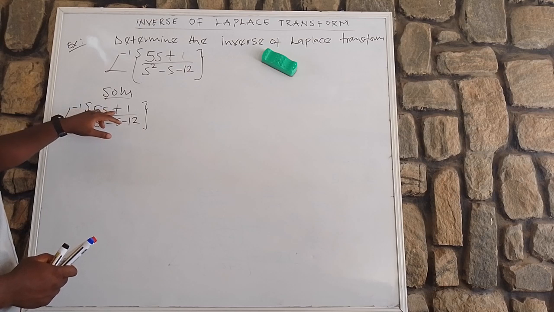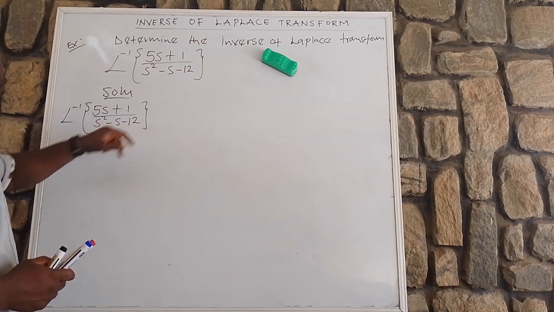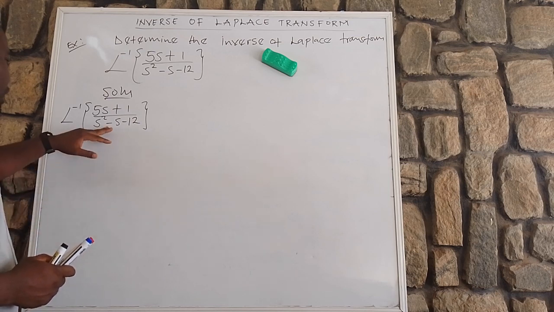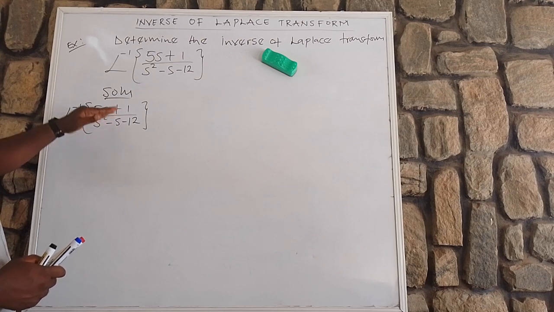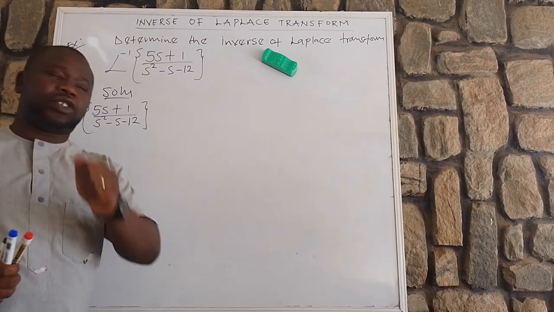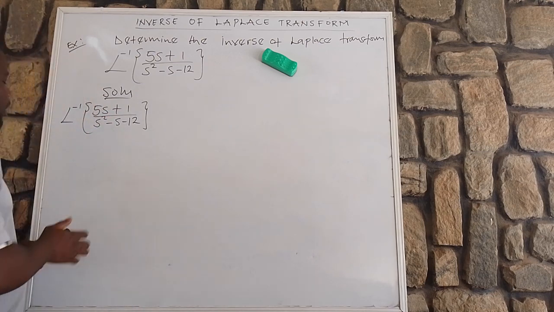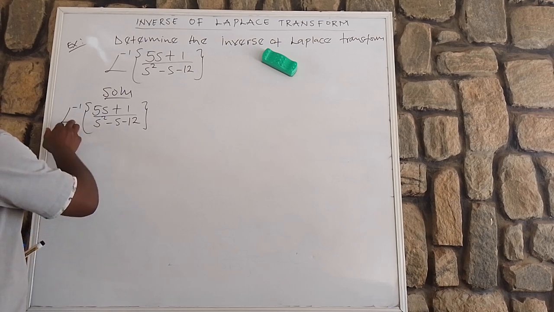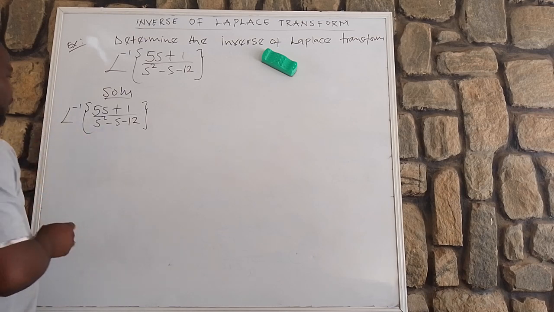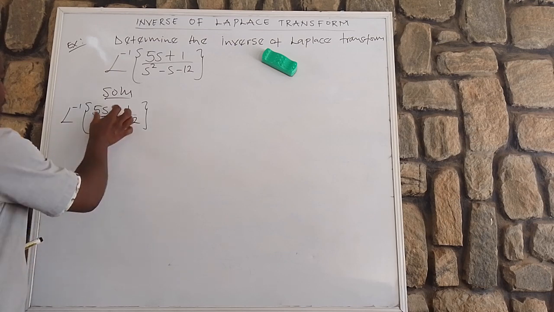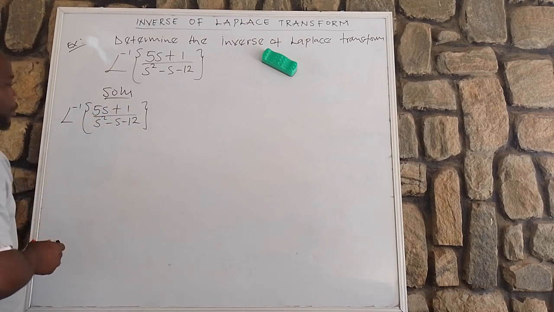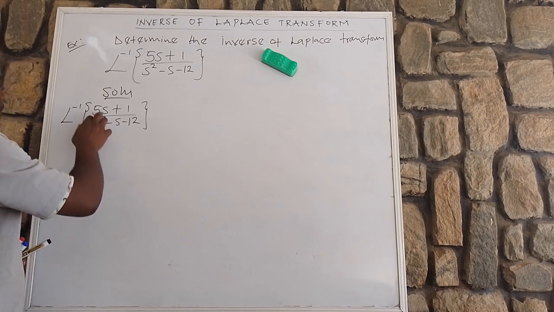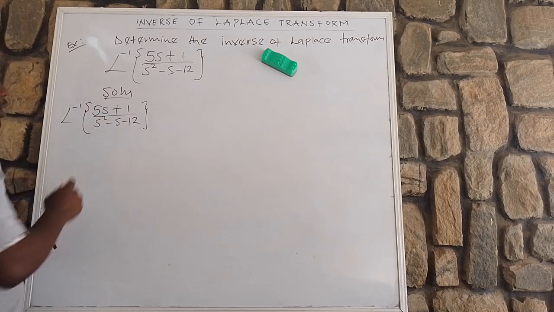We have (5s plus 1) all over (s squared minus s minus 12). You discover that the denominator, you are going to resolve it into partial fraction first. That is, before we can obtain the Laplace inverse of this. So you first transform this into partial fraction. How are you going to transform this into partial fraction?